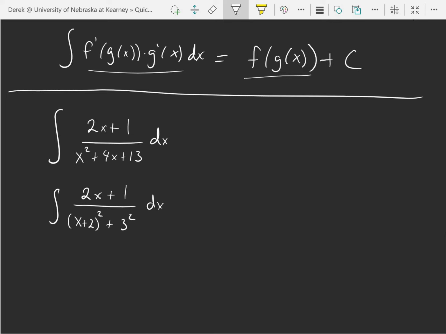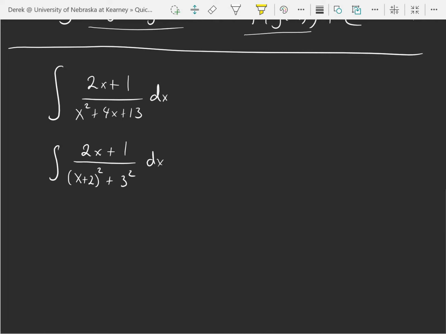Okay, that's almost good enough. Let's do one more trick. If I could split up the numerator into a part where I could use the substitution directly, that'd be great, and then deal with the other part later.